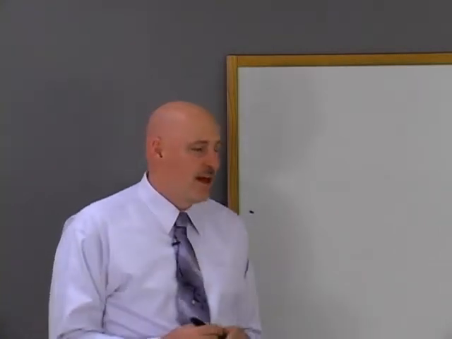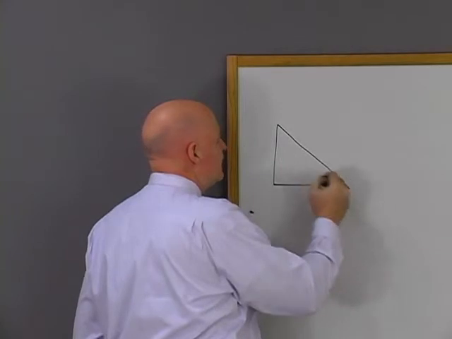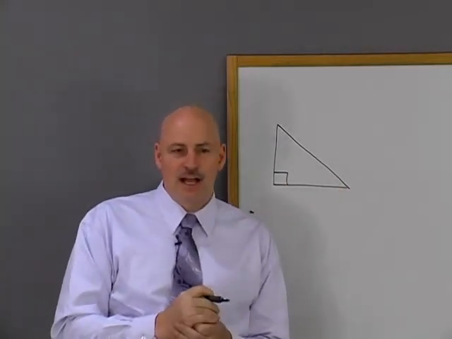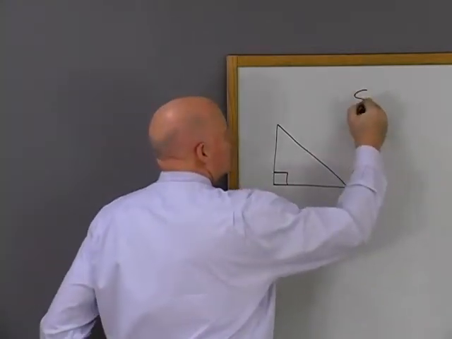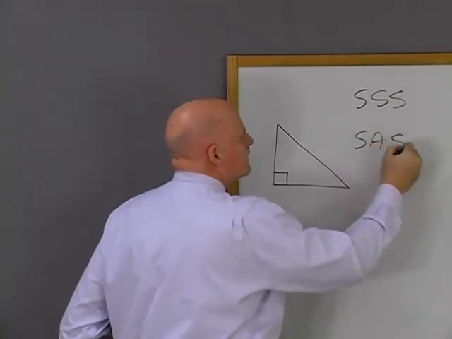If we're going to prove triangles congruent that we already know are right triangles, it makes our job a lot easier. So far, we know SSS, which is the three sides. We know SAS, side, angle, side.